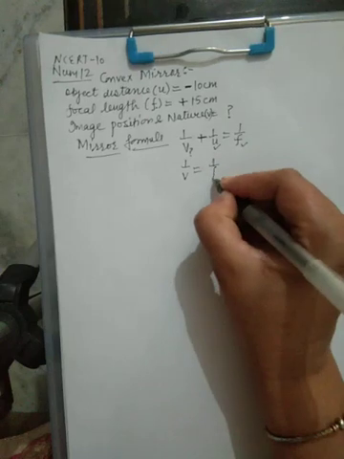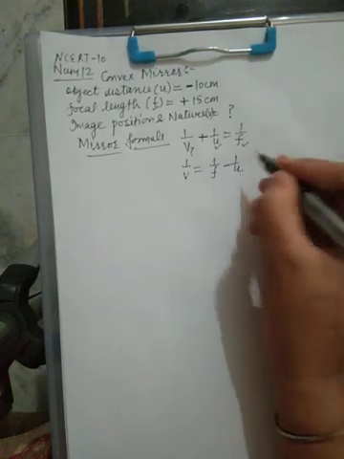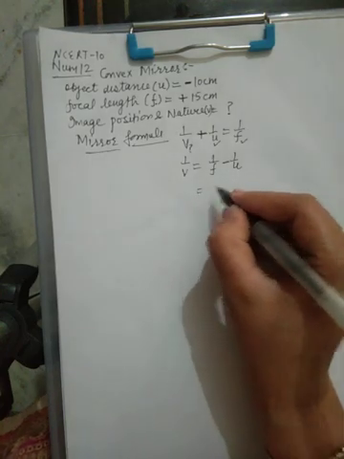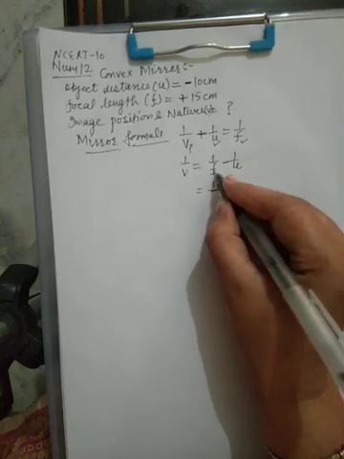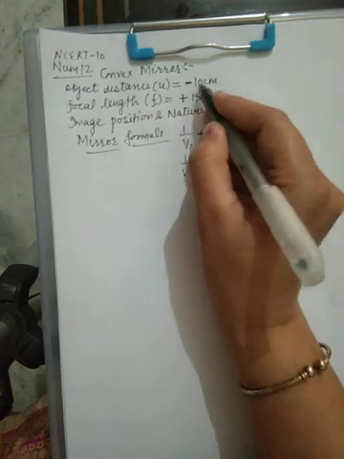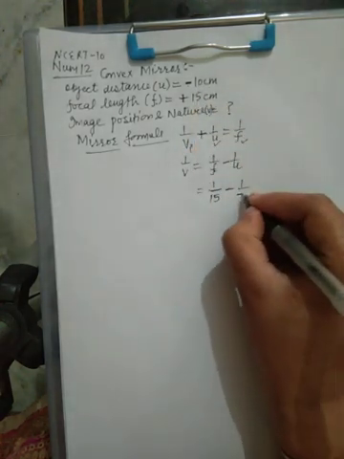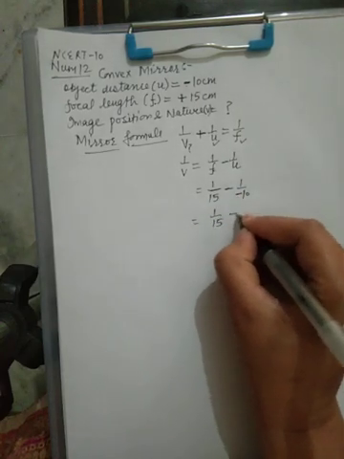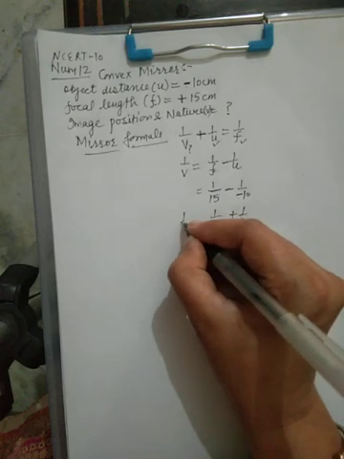So it will be 1 by V equals 1 by F minus 1 by U. Now substitute the value with sign. F is plus 15 centimeter. U is minus 10. Minus 10 means minus here, it will merge to give plus 10. 1 by 15 plus 1 by 10, that is 1 by V.